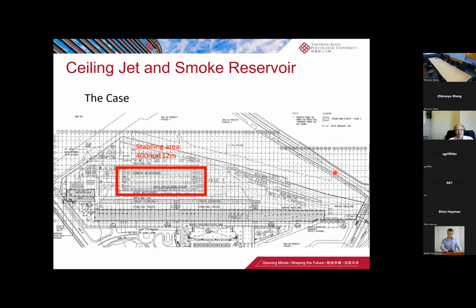But our analysis is focused on the center of this part. This is a stabling area, 400 meters long and 110 meters wide, rectangular. And because the Hong Kong regulation requires 2,000 square meter smoke reservoirs, it cannot be larger than that. And that caused a lot of problems for this depot's design.